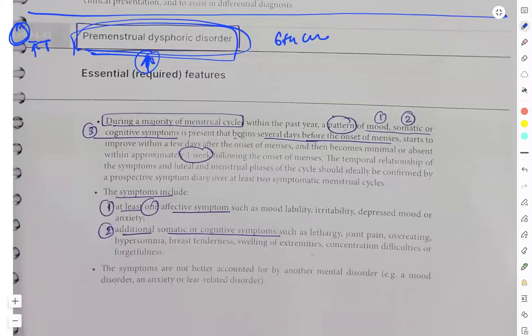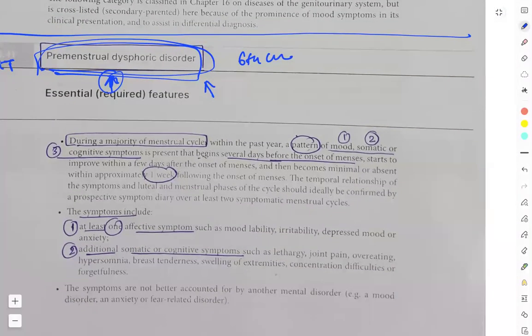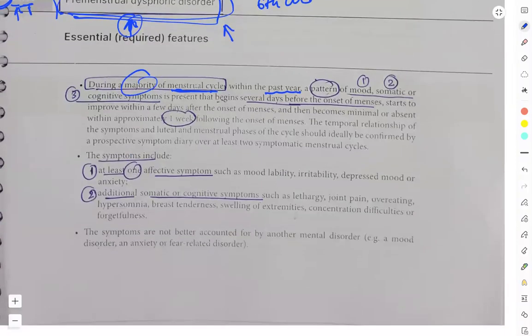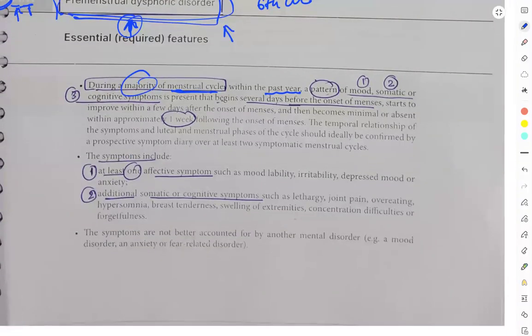How are you going to diagnose a female as having premenstrual dysphoric disorder? ICD-11 writes that during a majority of menstrual cycles within the past year, the patient had a pattern of mood, somatic or cognitive symptoms that were present, typically of, let's say, a depressive episode, several days before the onset of menses, and then it starts to improve within a few days after the onset of menses.